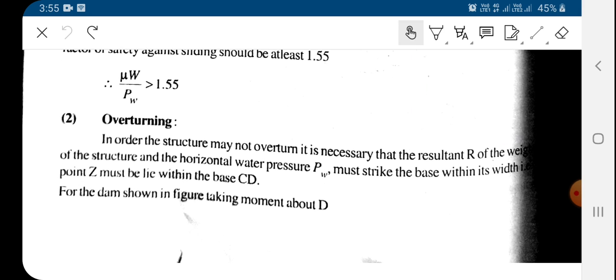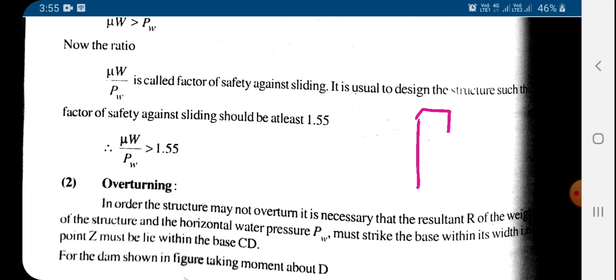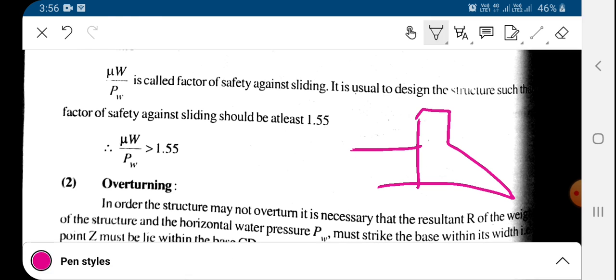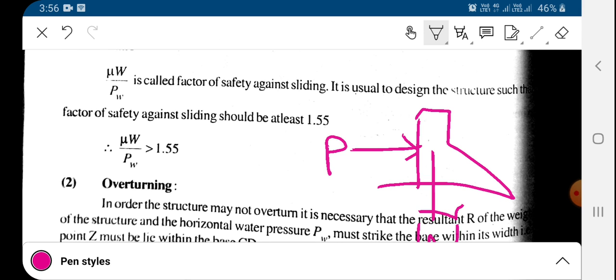For that purpose, whatever the resultant force acting over the dam, as we have already seen in the previous lecture, the pressure P is acting and the weight W is acting downward. The resultant of these two forces must pass within the middle third of the base to be safe against overturning.